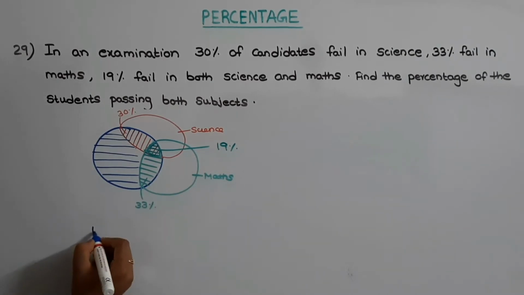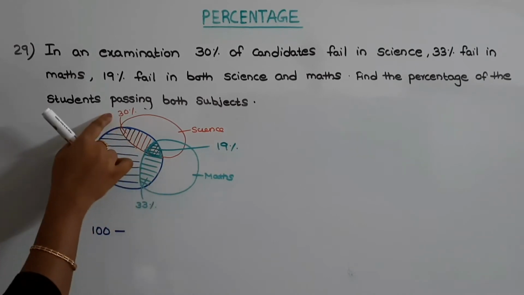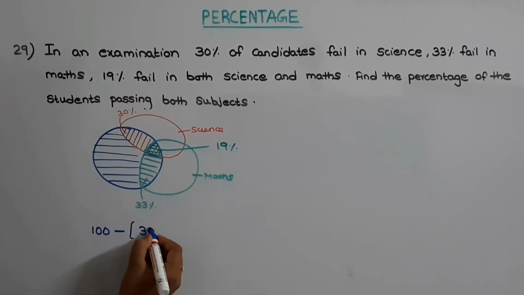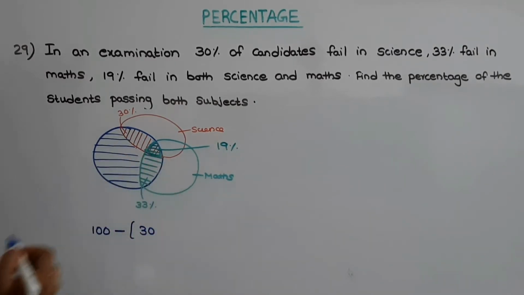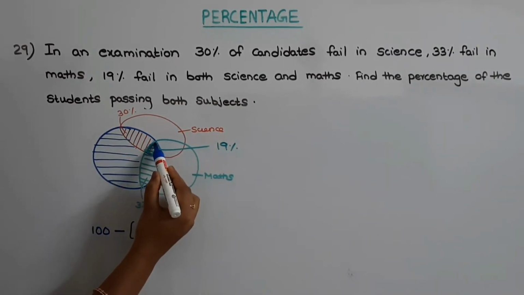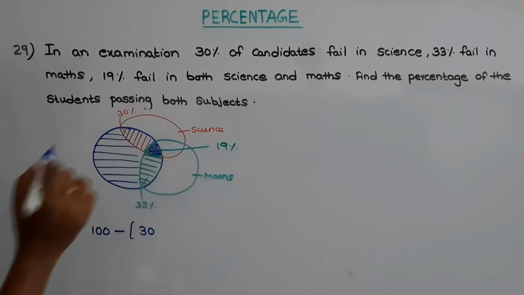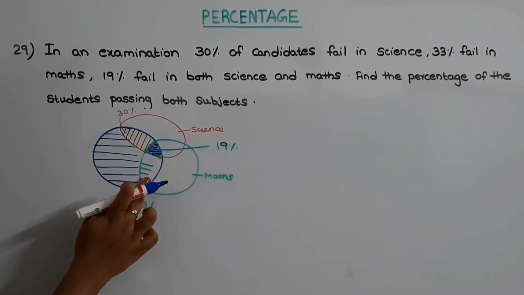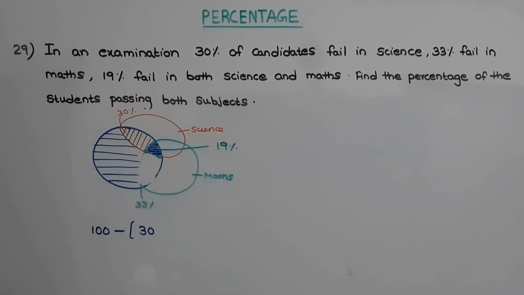100 minus the shaded red portion, which is 30%. So 100 minus 30, and then we need to subtract the green portion also. Now this overlapping portion is already included in the 30%, so we need to subtract only the remaining part of the green shaded region.